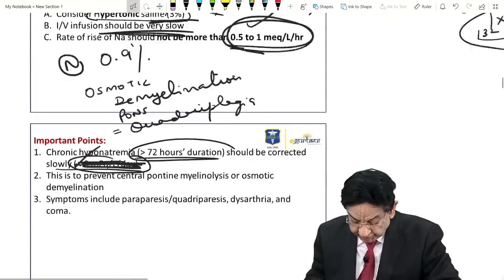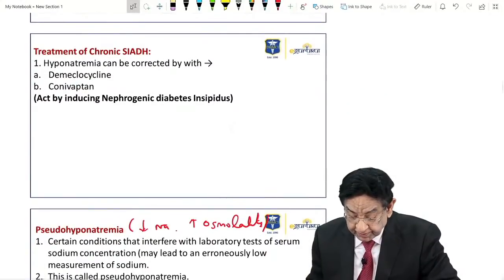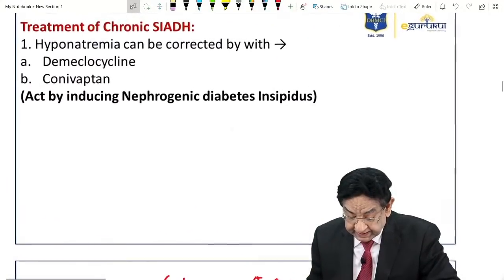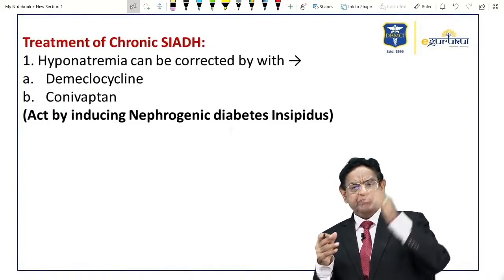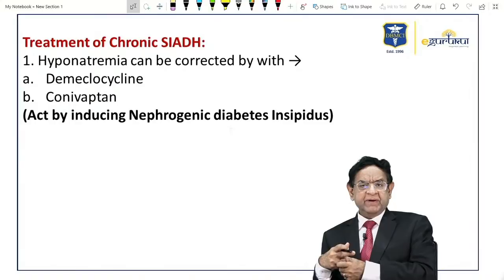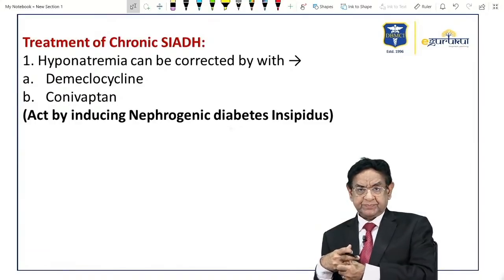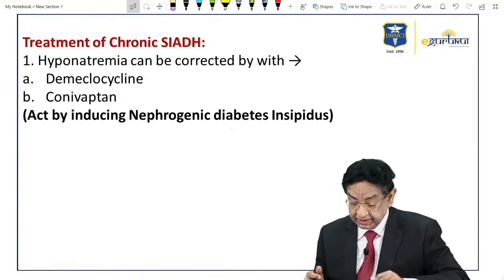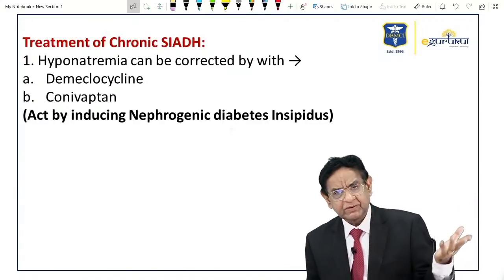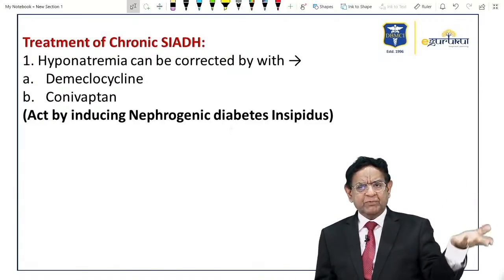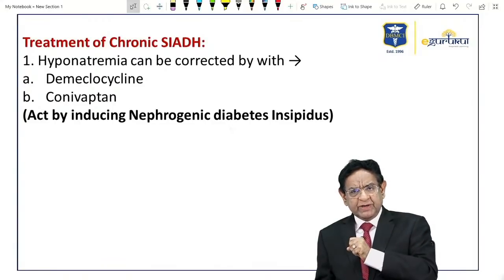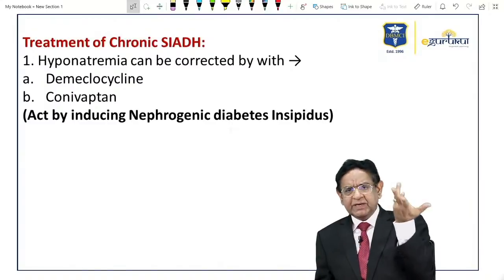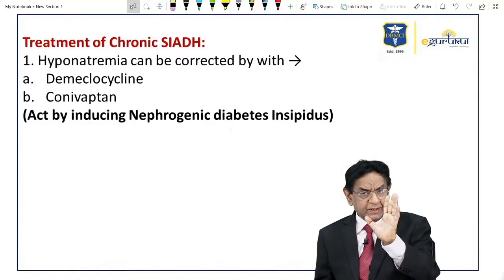Now we move on to chronic SIADH. Patient has been hyponatremic for a long time. What to do? You have a patient who comes to you today, his sodium today is 124, one month back it was 122, but okay, no symptom.